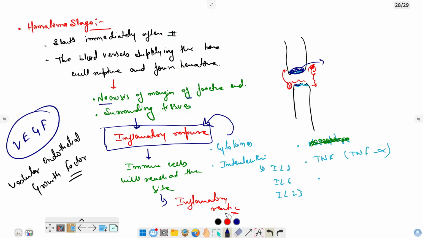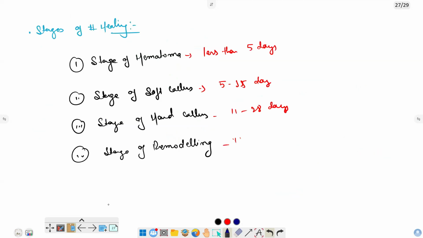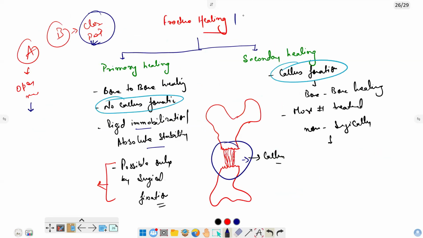So don't get confused if it is written endochondral ossification; it is just the second name of fracture healing.